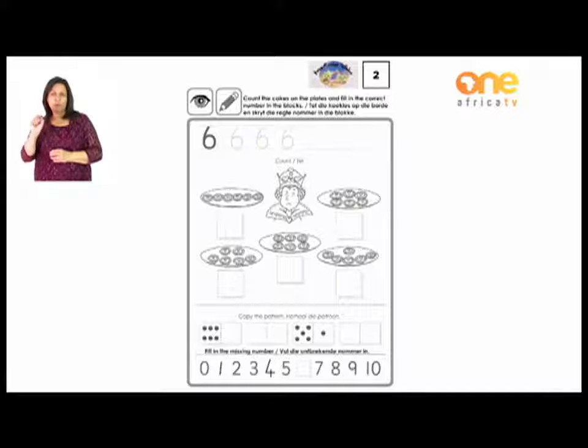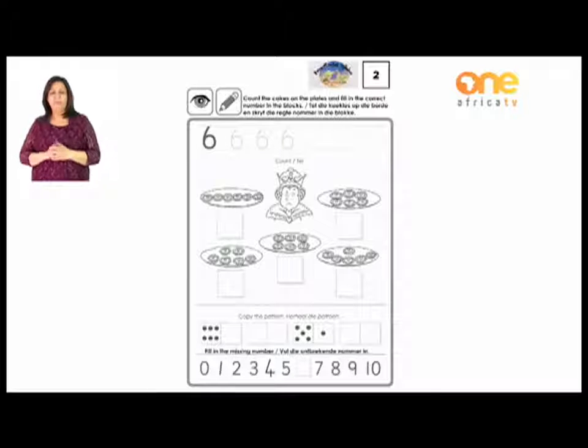What do we do in the next block? The next block should be empty so that the pattern is exactly the same as the one we did before. Now the next dots, in the next block we have, let's count together and see how many we have. 1, 2, 3, 4, 5.